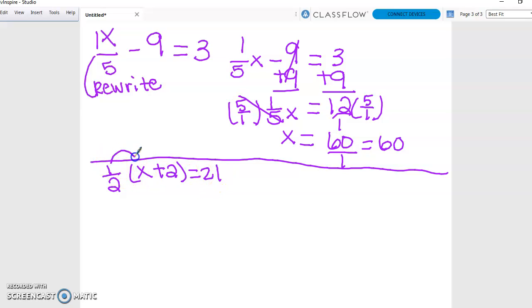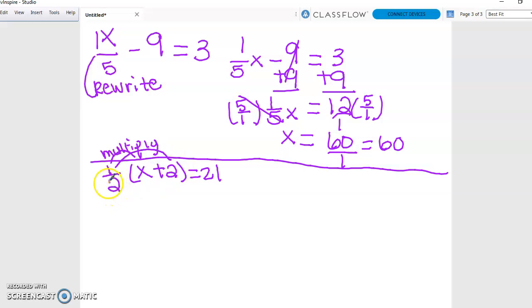Remember the distributive property. All we have to do here is distribute, okay? So don't freak out because you have the parentheses with the fraction on the outside of it. Let's just distribute. Remember that these lines indicate multiplication. So I'm going to multiply.